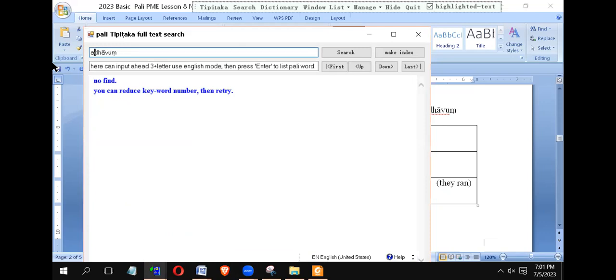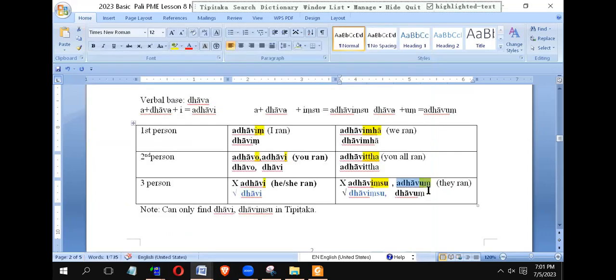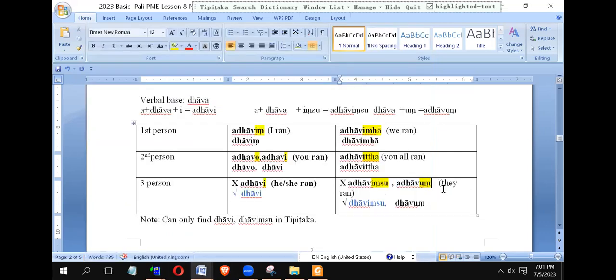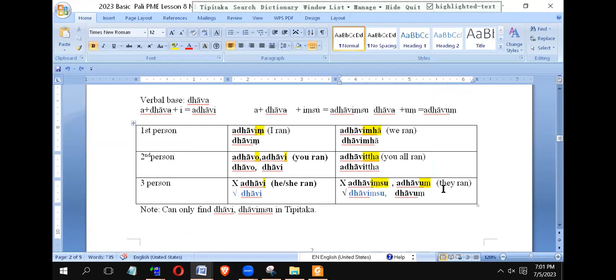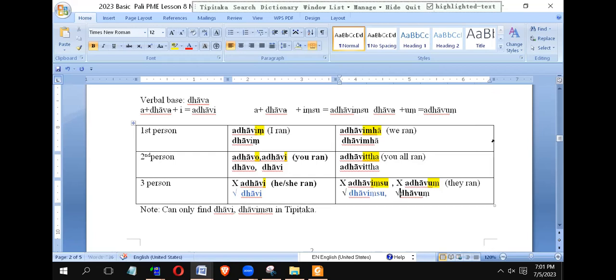Okay, cannot be found. This is only in one of the commentaries, right? So this means that this one is not possible, but this is possible. So this means that A is actually optional here. You can see this A cannot be found, so this can be found. This one cannot be found, but this dawi can be found.